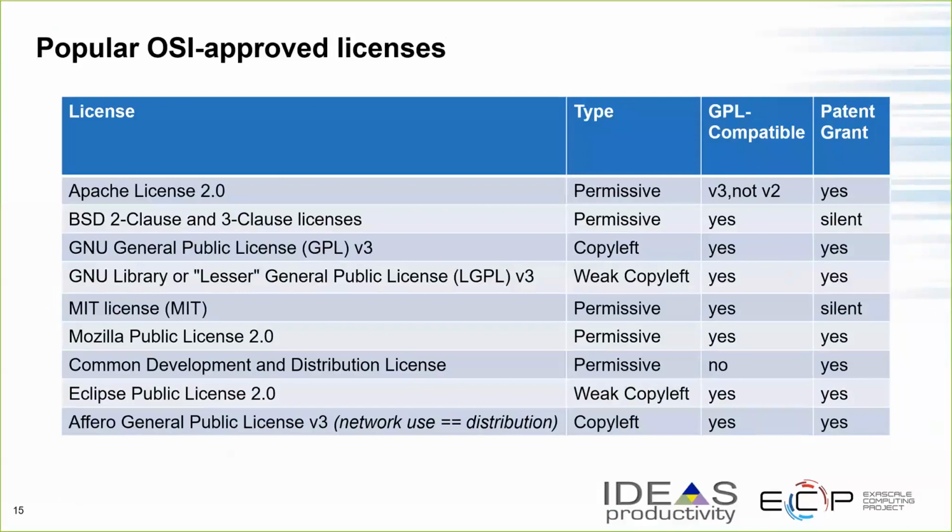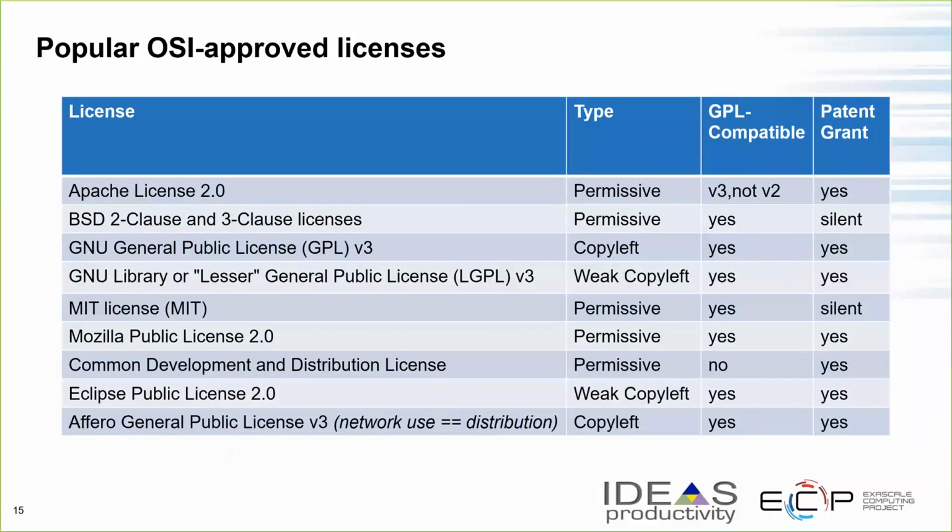And I talk about whether they have any patent grants in the license. So you can see Apache, for example, does contain a patent grant. It's compatible with version 3 of the GPL, but not version 2, and it's considered to be permissive. On the other hand, for example, the Eclipse Public License down towards the bottom is considered to be weak copyleft. It is compatible with GPL, and it does include a patent grant.